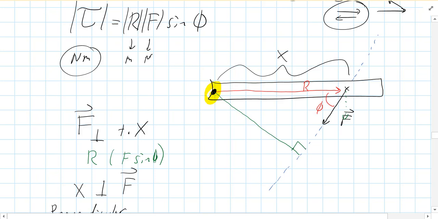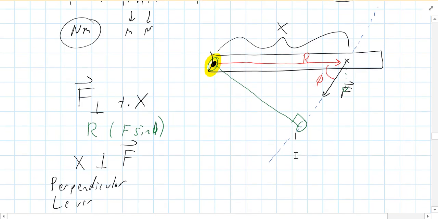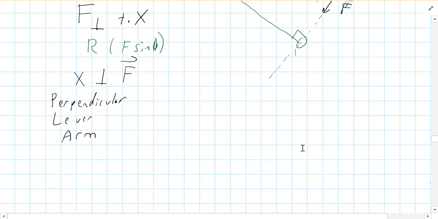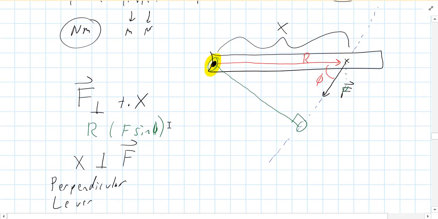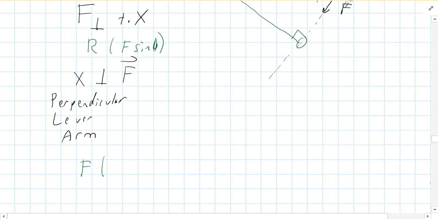That is the perpendicular lever arm, the shortest distance from our axis to the line of force. So if you were calculating torque this way, it'd just be F times that distance. What's that distance? Well, if you look at this little right triangle, here's phi, and that's the opposite leg of a right triangle, so it's r sine phi.